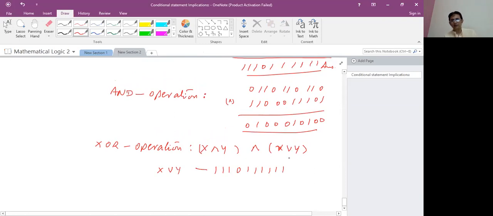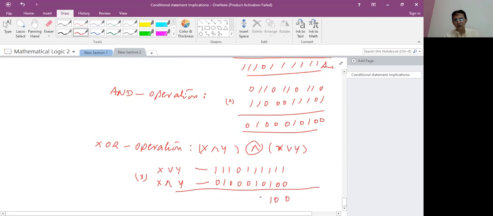Then x and y, when we write this x and y, 0100010100. This is called x and y. When we multiply together, representing the multiplication operation, we get the result. So this is called the XOR operation.